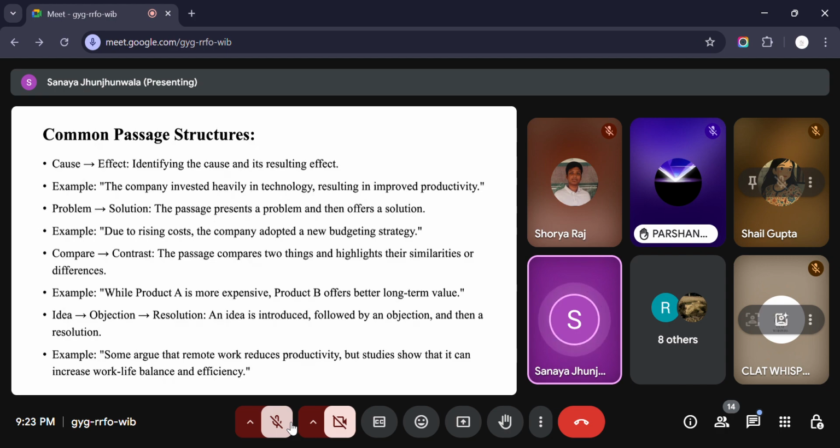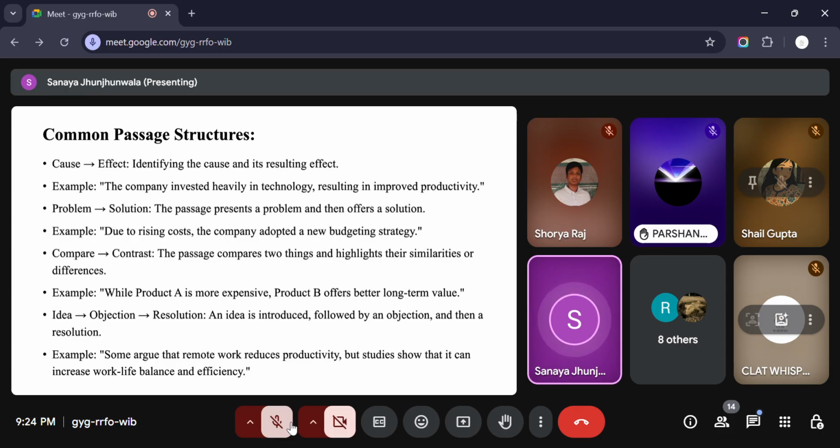But yes, it is very apparent in English literature as well. Authors use cause effect relationships in passages too. Here the cause and its effect is shown, like in the example: the company invested heavily in technology, resulting in improved productivity. Here the cause is the company's investment in technology, and its effect was improved productivity.